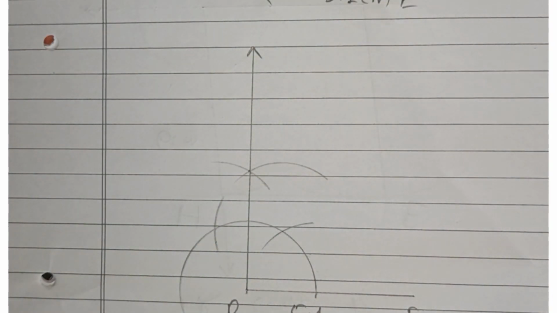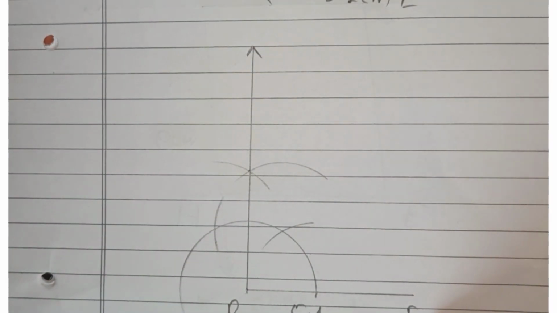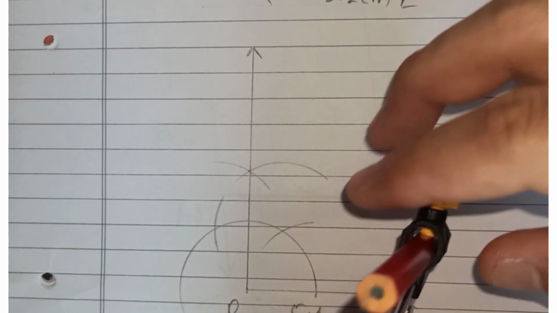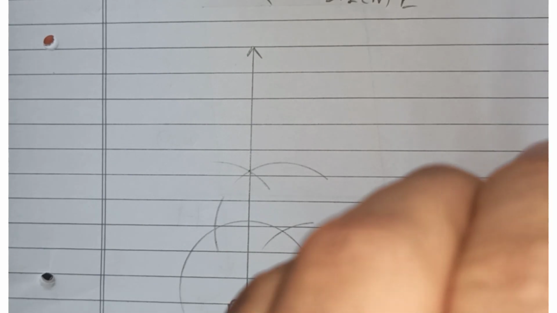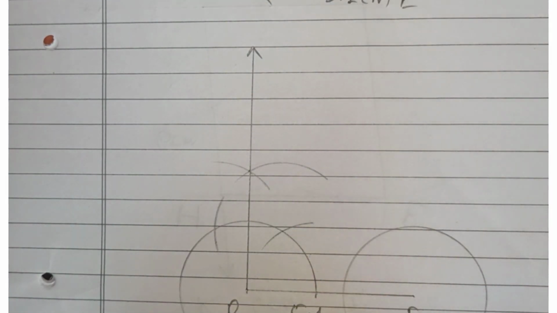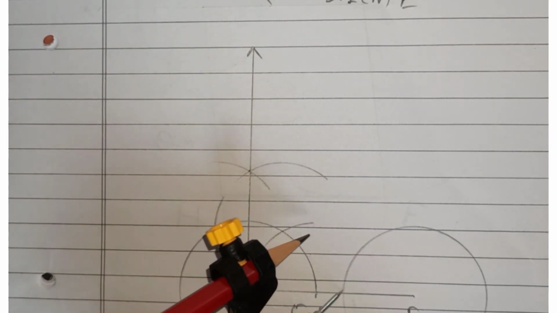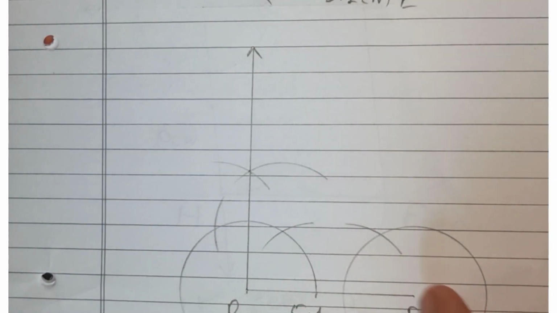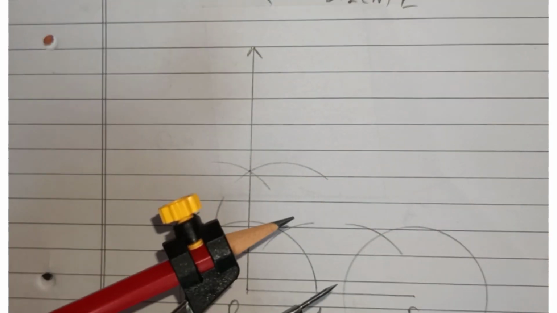Now after that, again construct the same 90 degrees at point E. Take any measurement, or you can take the same measurement, it's also okay. Just draw a semicircle. Now keep the needle of the compass at this point and cut an arc of 60 degrees.